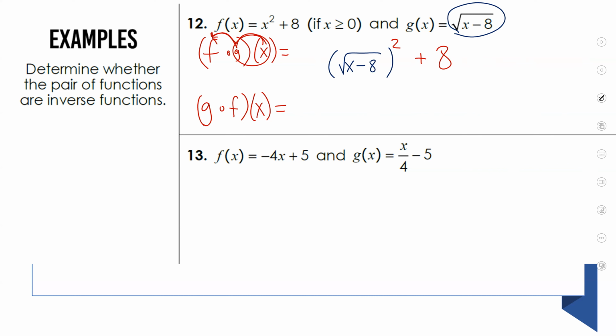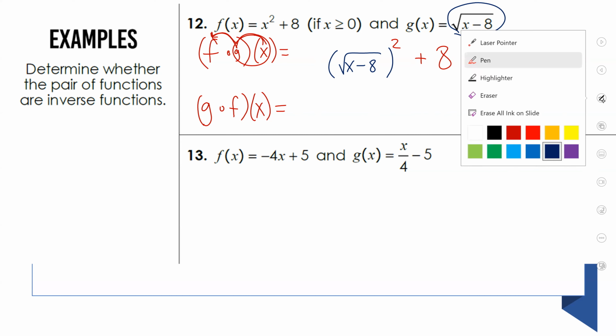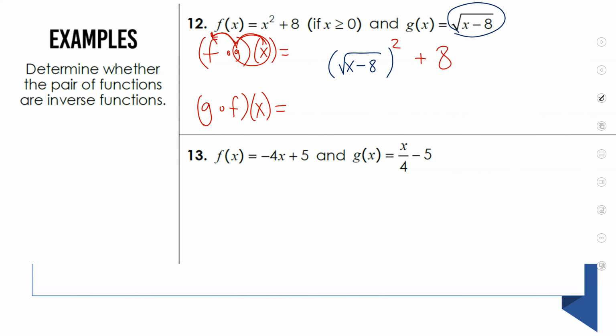Guys, look what's going to happen. The square root cancels out with the squared. So I'm left with x minus 8 plus 8. And then negative 8 plus 8 is just 0, so I'm just left with x. Now, we have to make sure we get x when we do it for this one. So let's go ahead and do the next one.